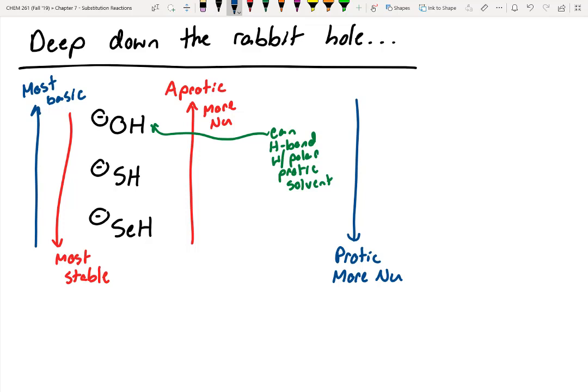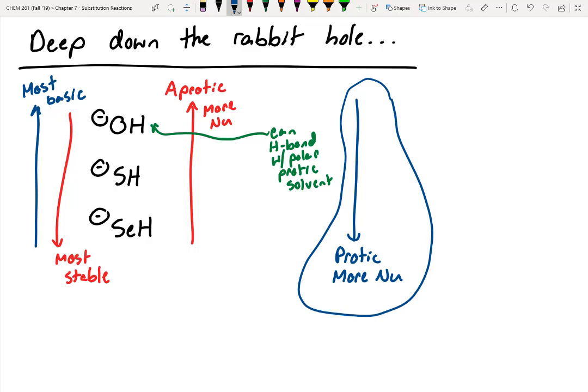If you're in a polar protic solvent, you want a nucleophile that's not very good at H bonding, meaning you want a large atomic radius. It's kind of weird to think about. The tricky thing is, normally we don't use polar protic solvents for SN2 because that kind of gums things up anyway, but we might run into situations where we encounter this. So I feel like I have to show it to you.